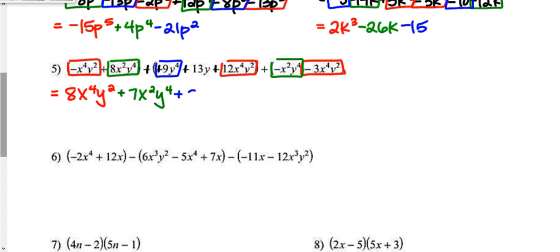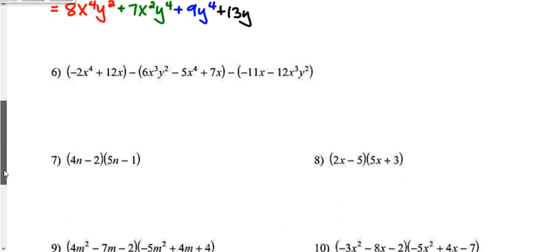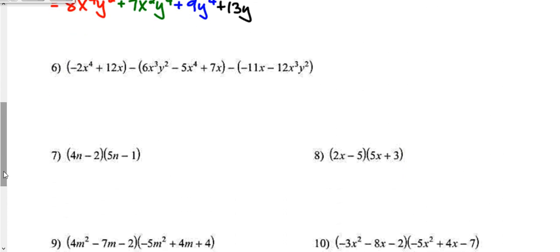If you did something else, that's fine. And then 13y. So that was kind of tricky to keep everything in order, but again, looking for those like terms. And I'll show you on number 6 again how you can do that distribution without rewriting.